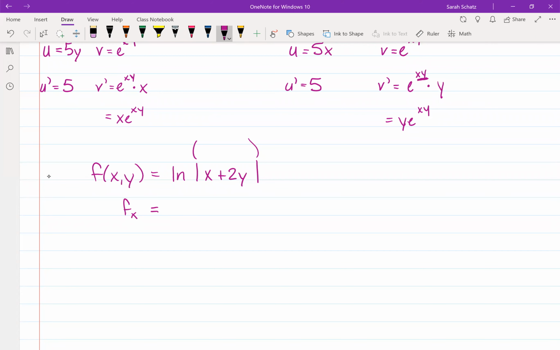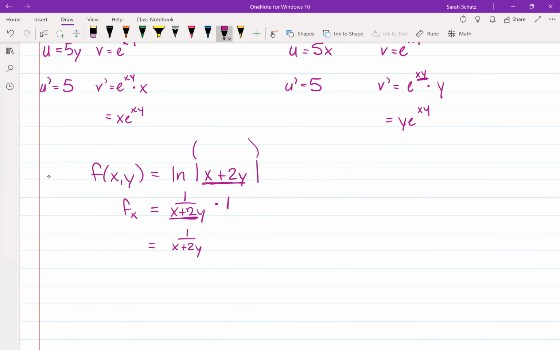All right, so the natural log of x plus 2y, when I take the derivative, I get 1 over x plus 2y. See, already I'm not in a natural log statement, so I don't need any bars. And then remember chain rule. I need to take the derivative of this with respect to x, which is just 1. So fx is really just 1 over x plus 2y.